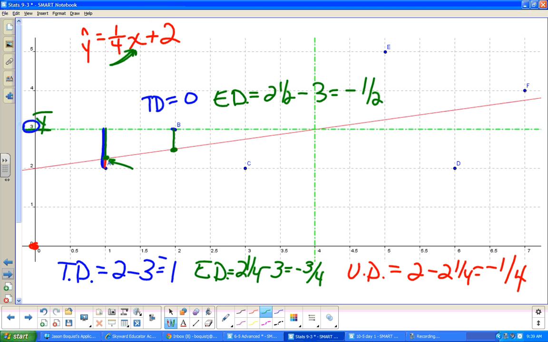Now the last one is how far my actual point is. This is the unexplained, so I better do it in red. The unexplained deviation is how far my point is from the prediction equation. My point happens to be above the prediction equation, correct? By how far? By a half. Okay, see how this one's weird?